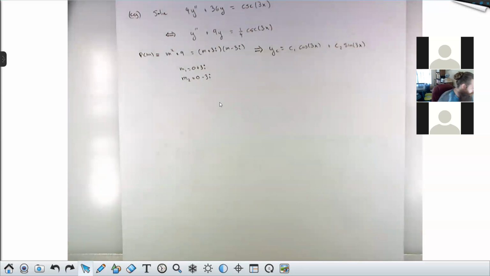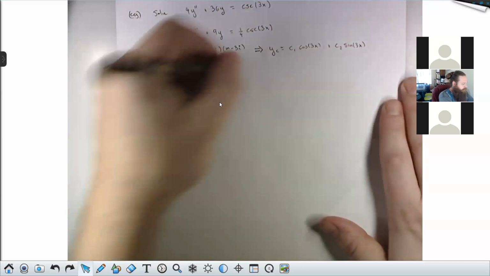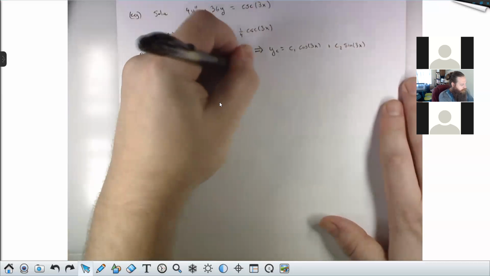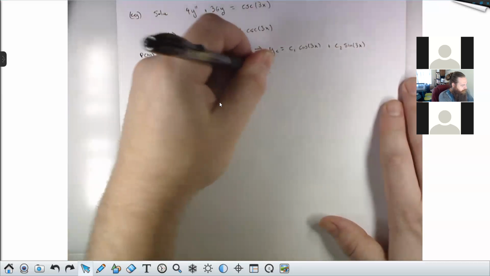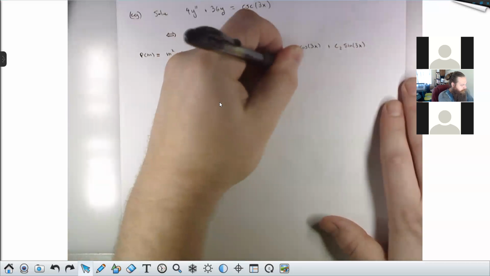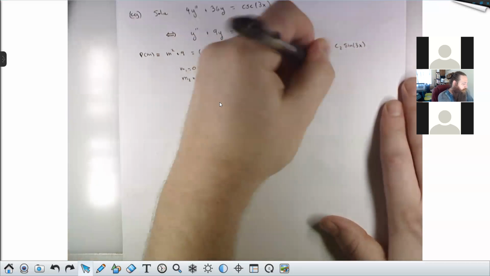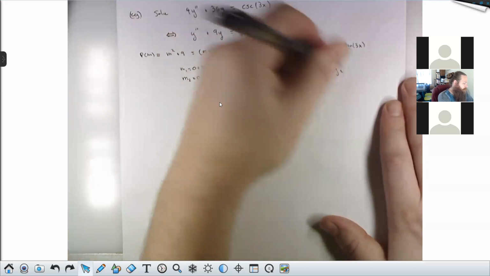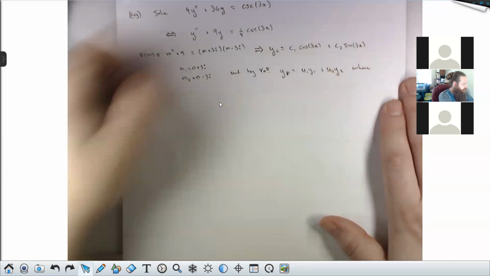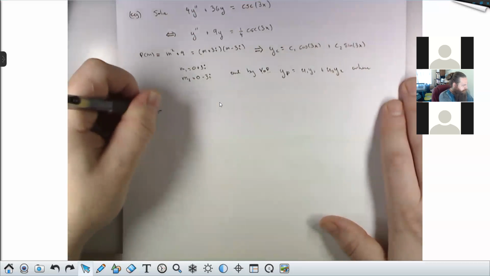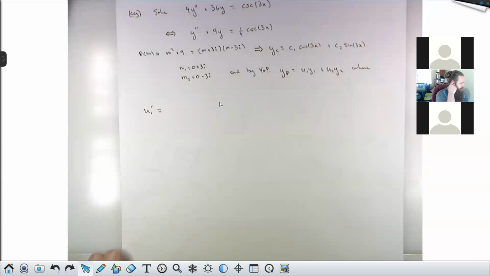From here, we apply our variation of parameters formula. So we assume that, by variation of parameters, yp is u1 y1 plus u2 y2, where u1 prime is your Wronskian of y1, y2 with the first column replaced by 0 and the right-hand side.